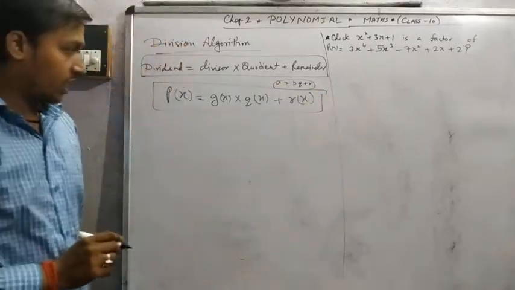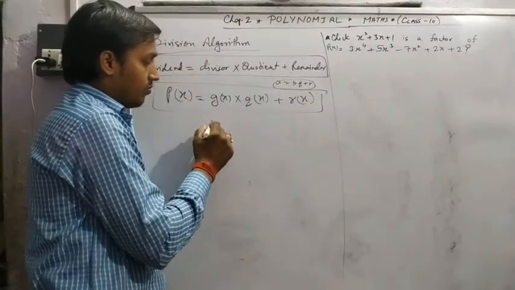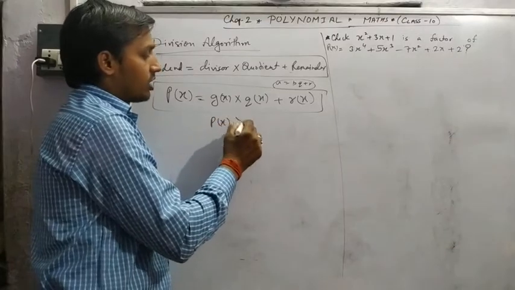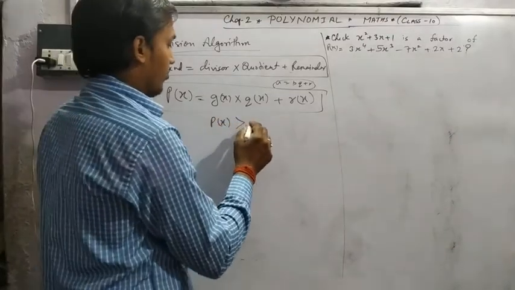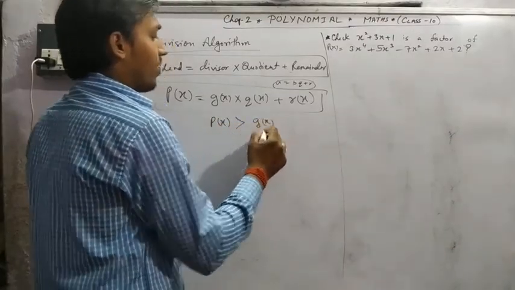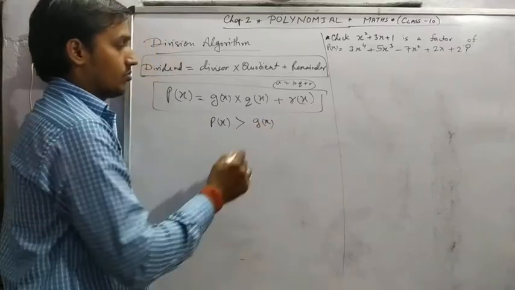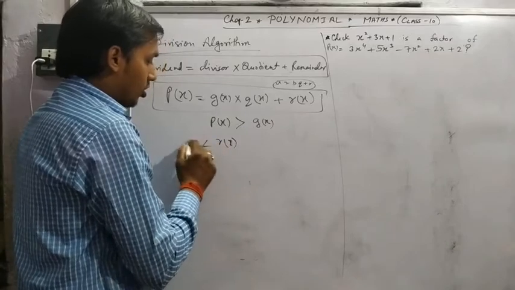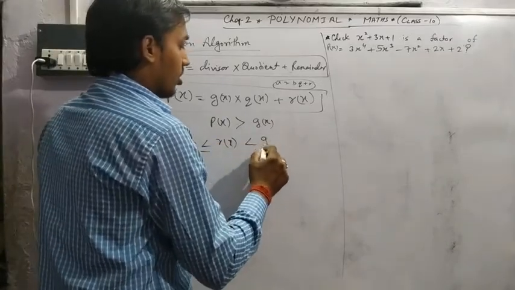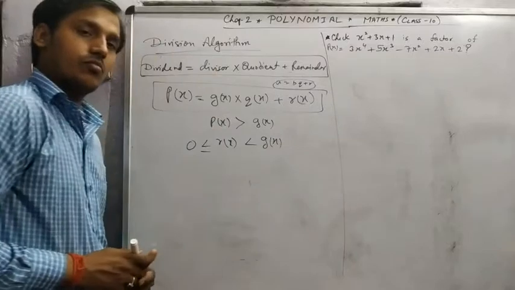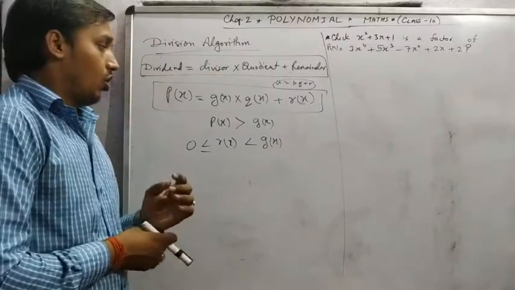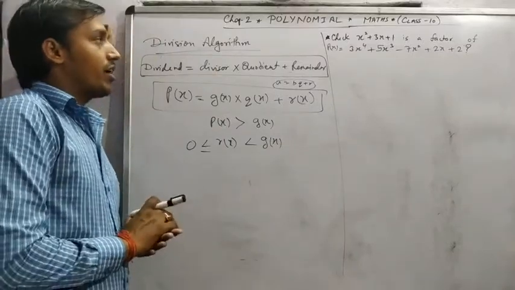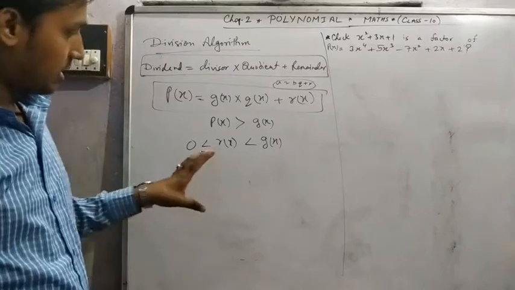For the condition, P of x is greater than G of x, and R of x is greater than or equal to 0 or less than G of x. So the same procedure we have to use in the polynomial, just like in lemma.